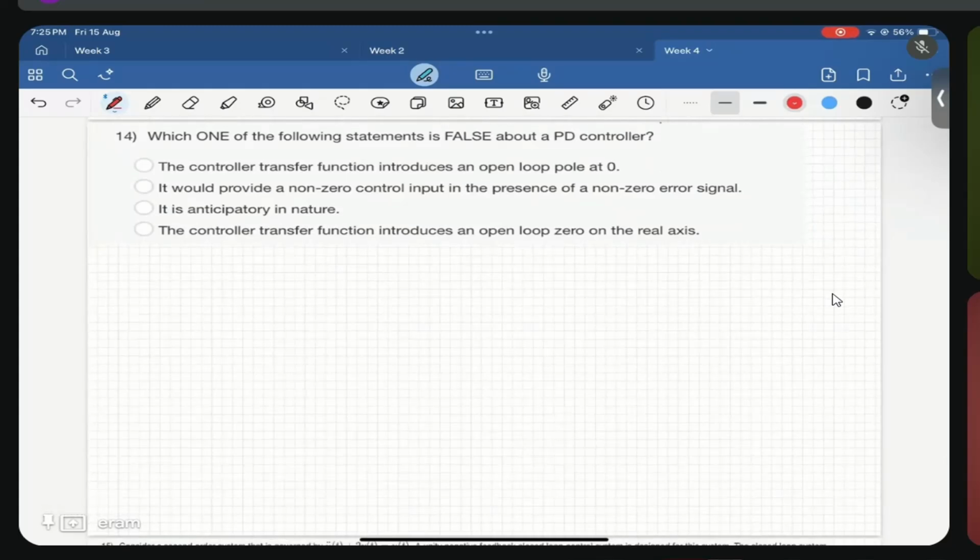Which one of the following statements is false about a PD controller? Which one is false?